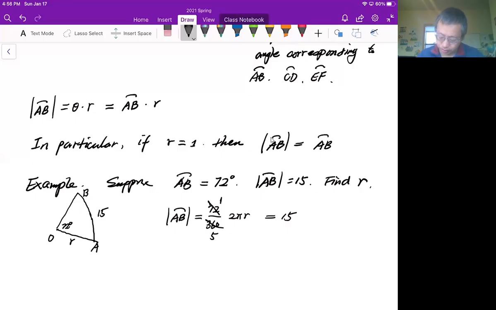So what's the r here? r is just 15 times 5 divided by 2 pi. So we get the answer: 75 divided by 2 pi. That's the radius of the circle.